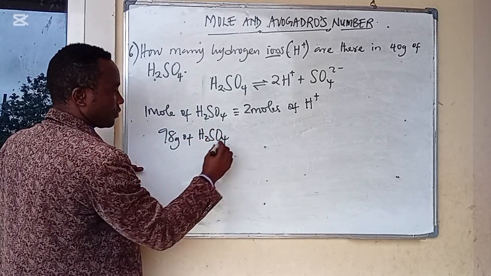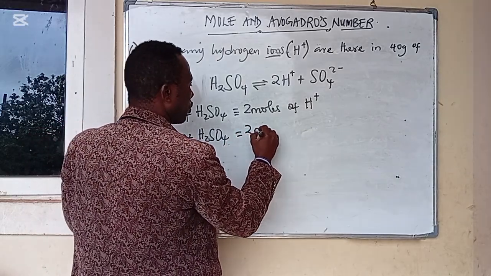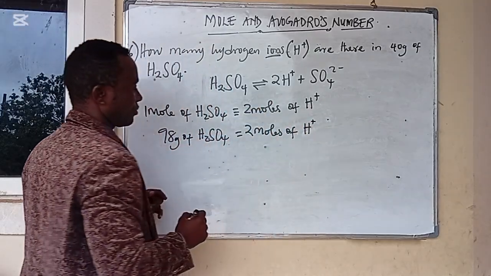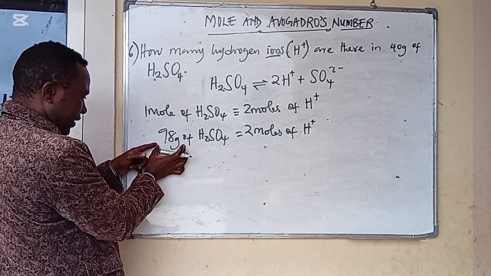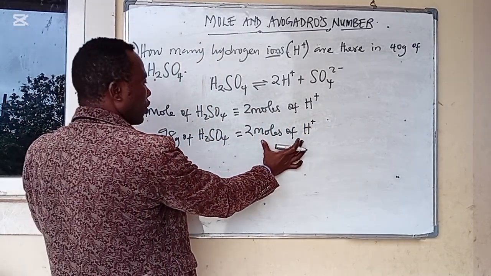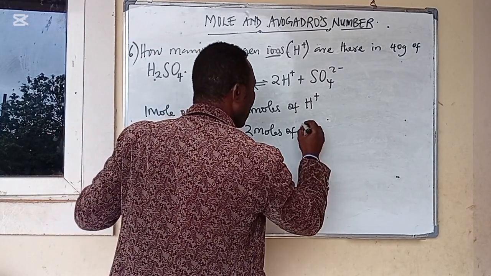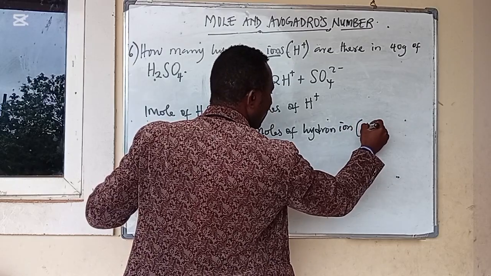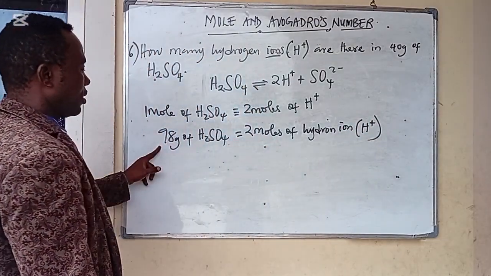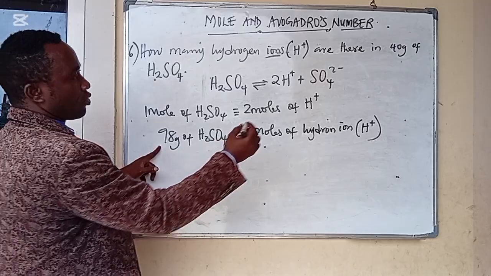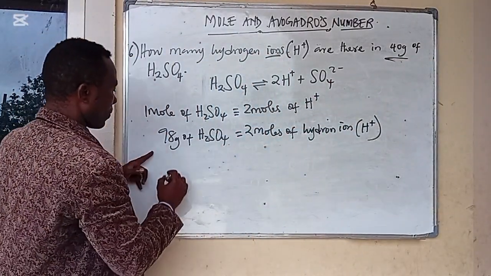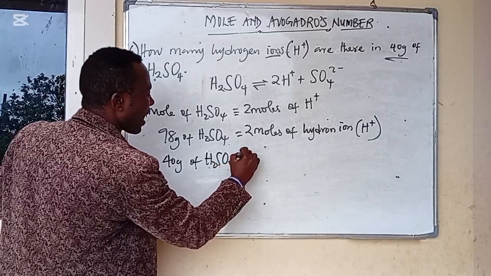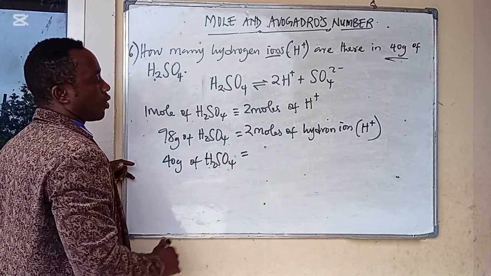That is the molar mass, and it will give us 2 moles of hydrogen ion, H plus. Then the amount given to us from the equation, which is 40 grams of H2SO4, how many moles of hydrogen ion will it give us?